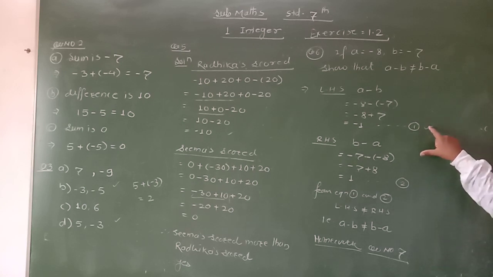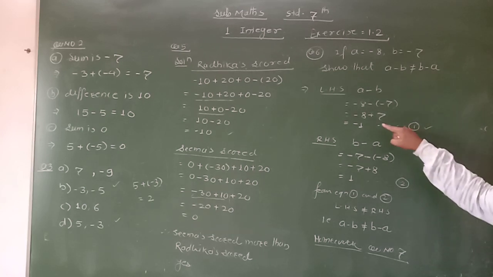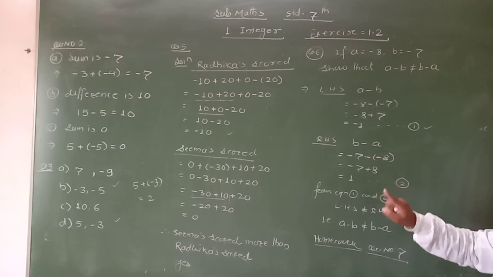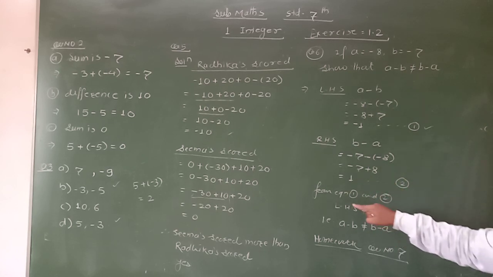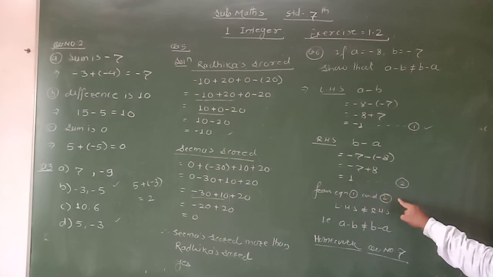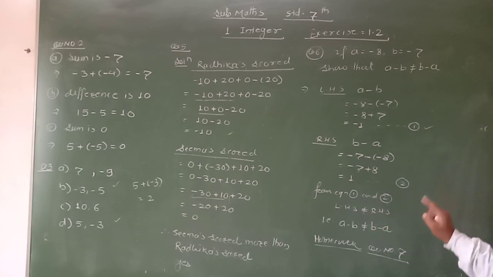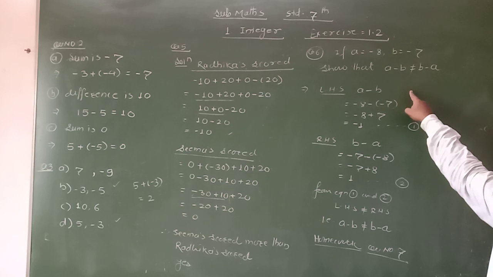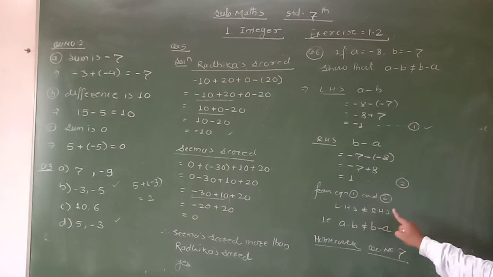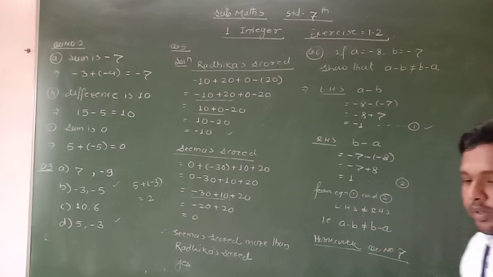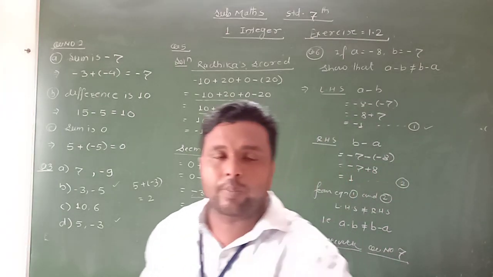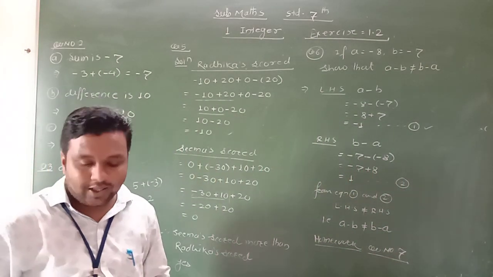If we observe equations 1 and 2, here we get -1 and here we get 1. Both sides are not equal. Therefore, from equations 1 and 2 we write left hand side is not equal to right hand side. It means a minus b is not equal to b minus a. In this way we can verify the commutative property for the subtraction of integers.